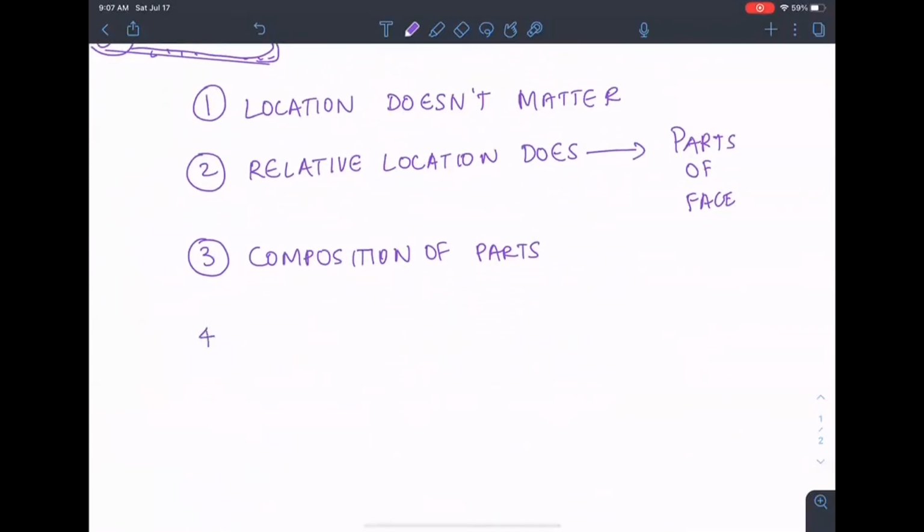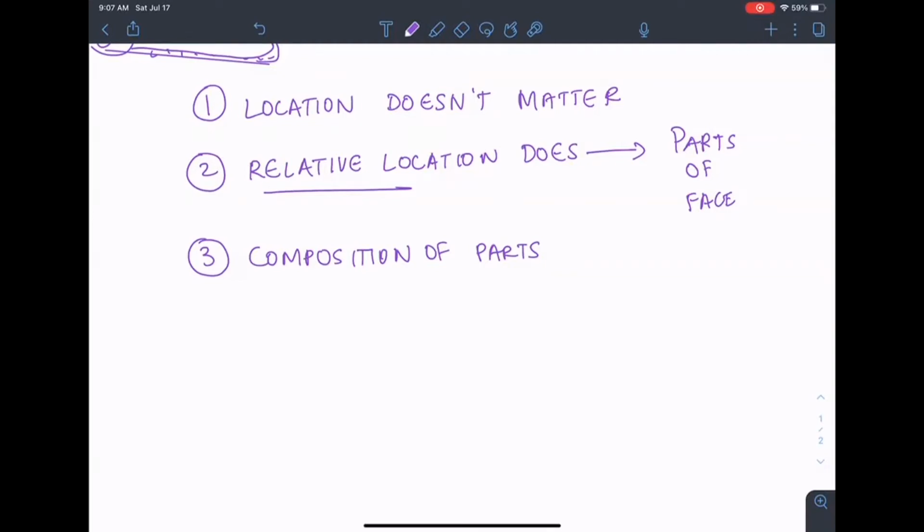So again, I'm going to put this under the relative location idea, that beyond a certain window it doesn't matter; all you need is certain parts to be located within this area to be considered a face.